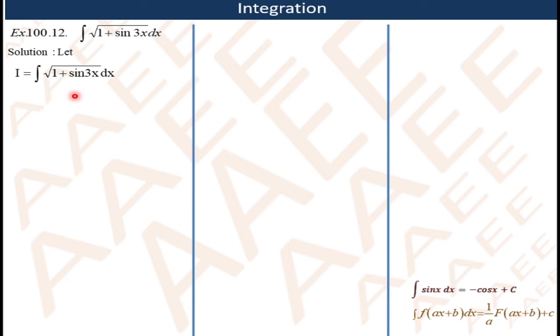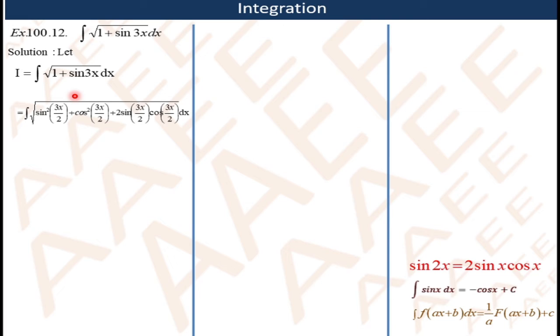Now what we are supposed to do is, whatever the under root trigonometric term is there, we have to remove that under root, and to remove that under root we are supposed to write the term under root, whatever it may be, 1 plus sine of 3x, in the square form, so that under root and square will vanish.